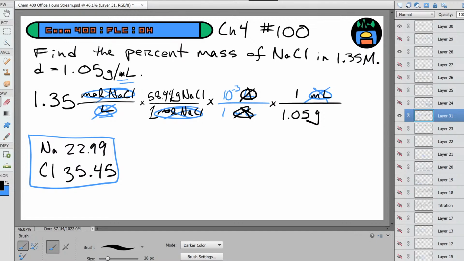All right, and so this is equal to 0.0751. This is grams of NaCl over grams of solution. But we're not quite there yet.